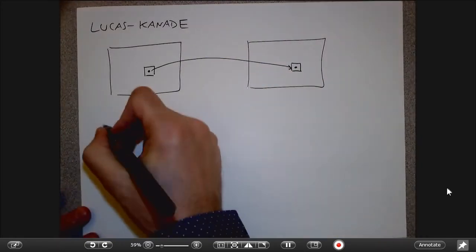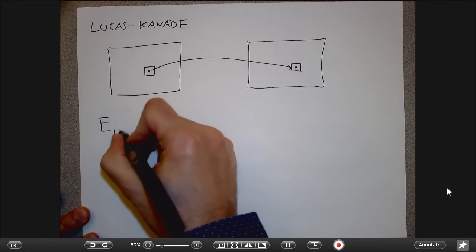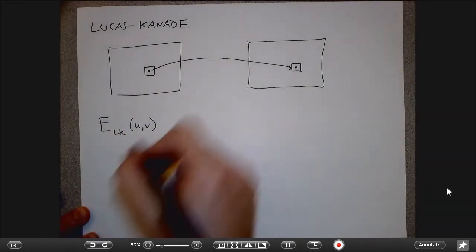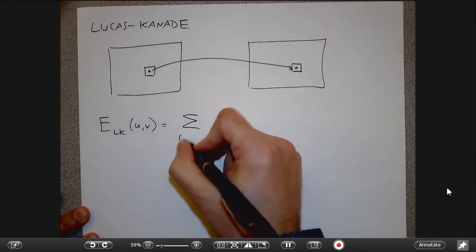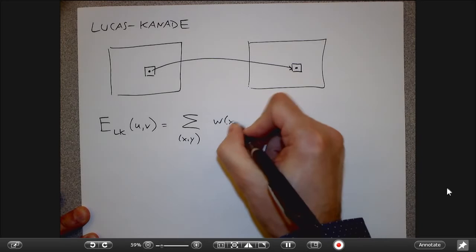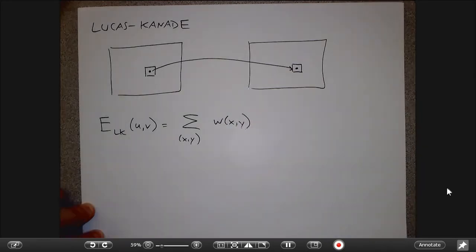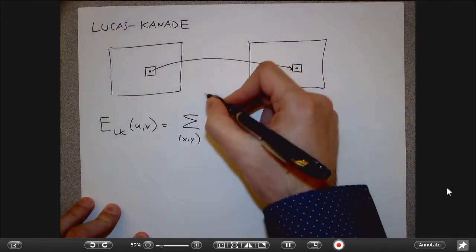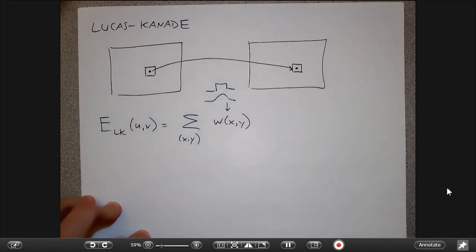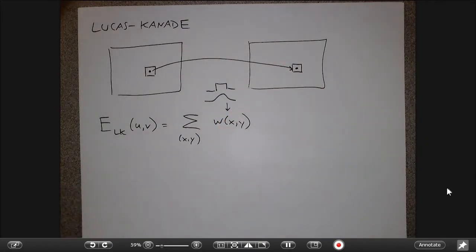And so what I could do is make an energy term that basically looked like this, where I'm saying that for every point xy, I draw a window or a box around xy. So this could either be a box filter in 2D, or it could be like a Gaussian like we were using for SIFT and stuff like that, where I'm basically weighting the pixels unevenly.